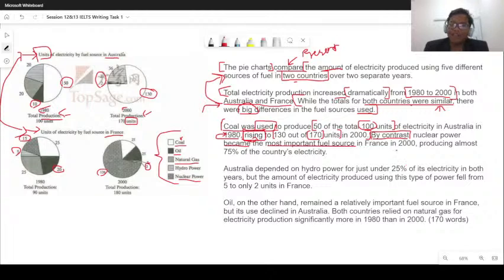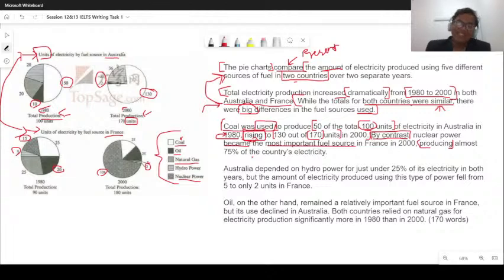Okay, in France in 2000, producing. Here in the second part, the person used a gerund as well and a subclause, so basically almost a repetition of the first sentence. Almost 75% of the country's electricity. But this is where the person goes, I'm going to make it different this way.